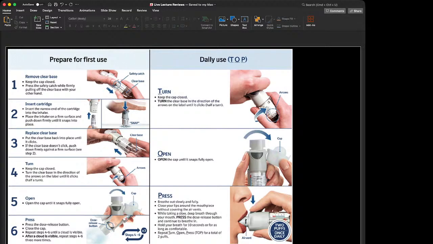So here's another example dealing with one of the other types of medications patients might take, like Spiriva. This one's a little bit different stepwise. You would remove the clear base, insert the cartridge, and snap it down as firmly as you can, and then replace the clear base.